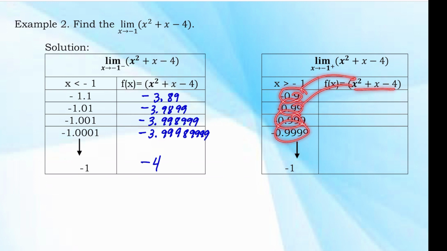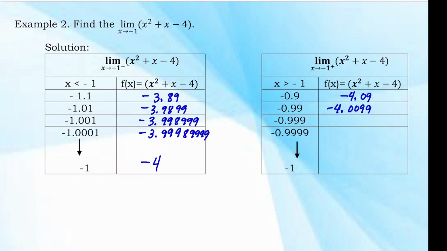So we're going to substitute in the function. If we use negative 0.9, the function is equivalent to negative 4.09. If we use negative 0.99, the function will become negative 4.0099.